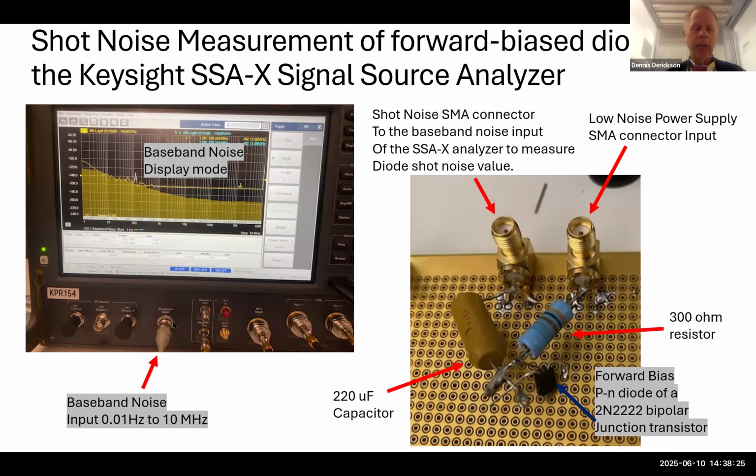And that SMA connector is going to connect to the baseband input of this SSA-X, which has a very sensitive baseband receiver, which I'll talk about shortly, that allows us to measure these very low levels. But let's look at the DC and AC equivalent circuit of this test circuit next.